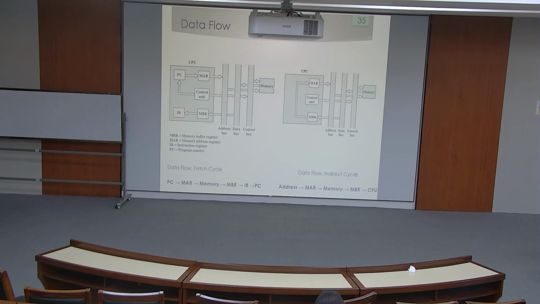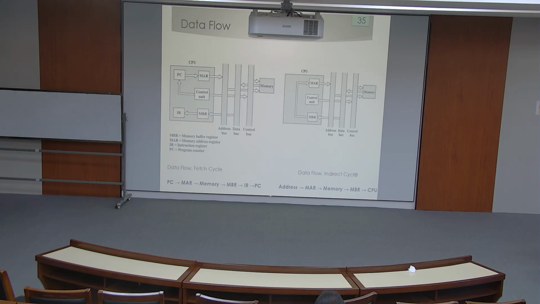Then the memory sends back the data to the memory buffer register. Then the fetched instruction is stored in the instruction register. Then the PC is incremented to point to the next instruction to be fetched from the memory, and so on and so forth. So this is the data flow for the fetch cycle.